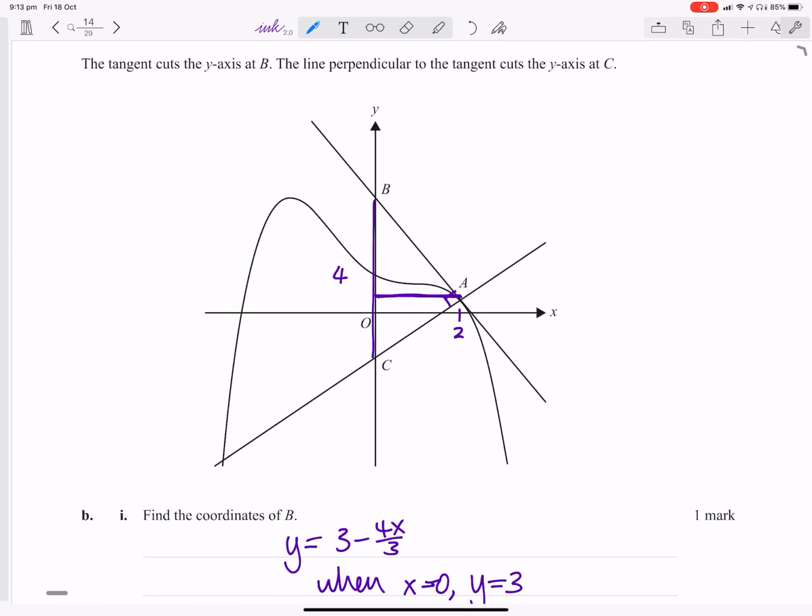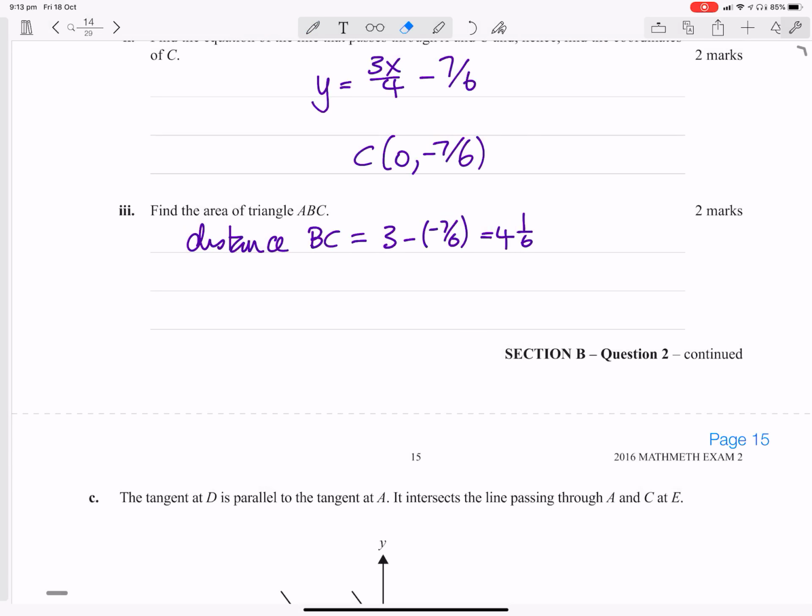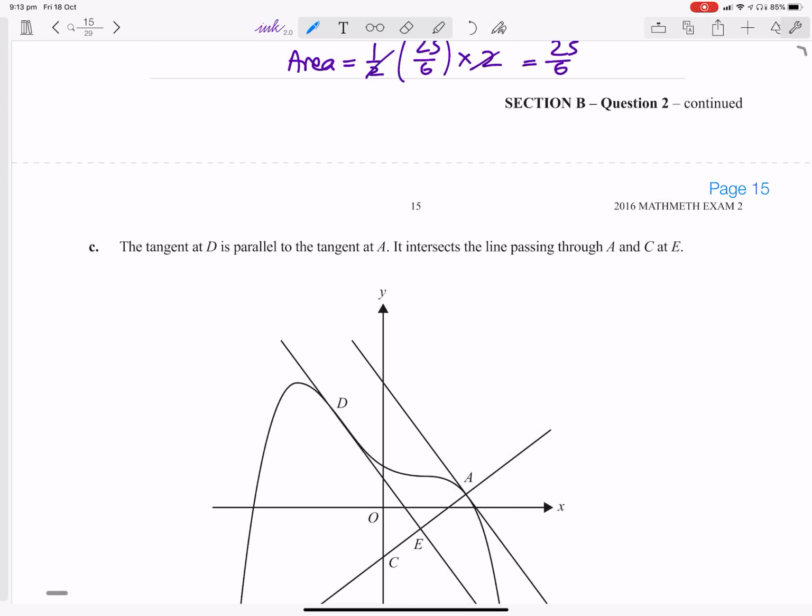So that's that length there. And the height we know is 2. So our area is a half times 4 and 1/6, which is 25 on 6, times 2, which is just 25 on 6.